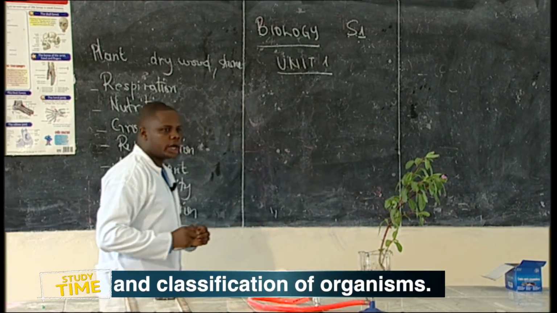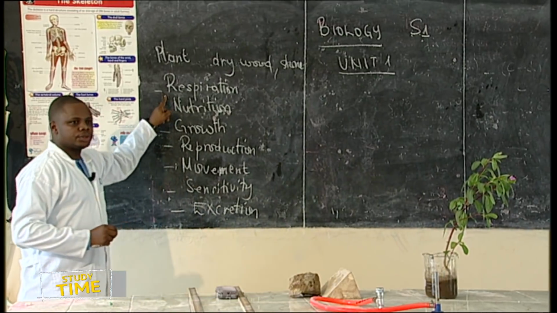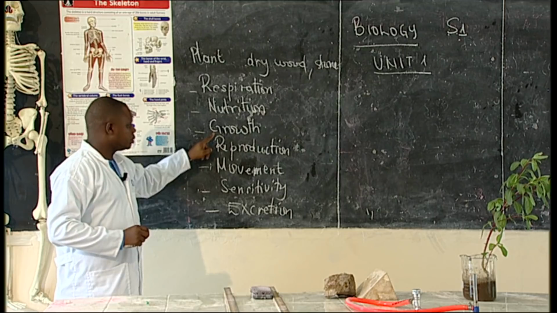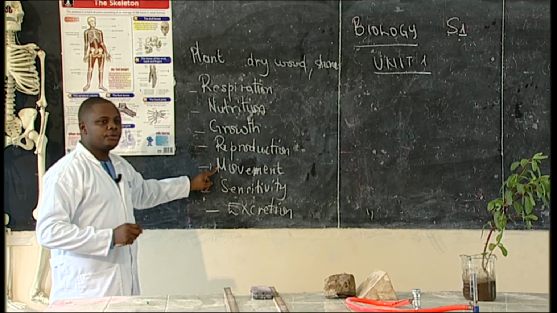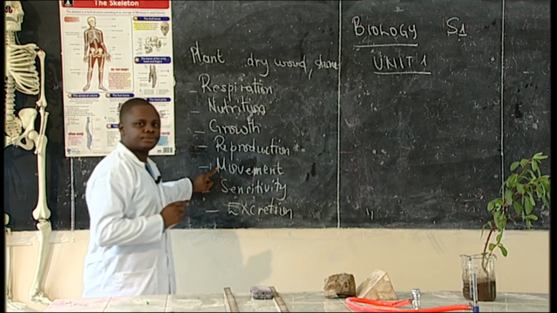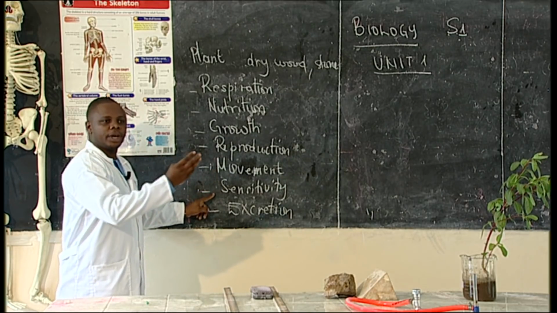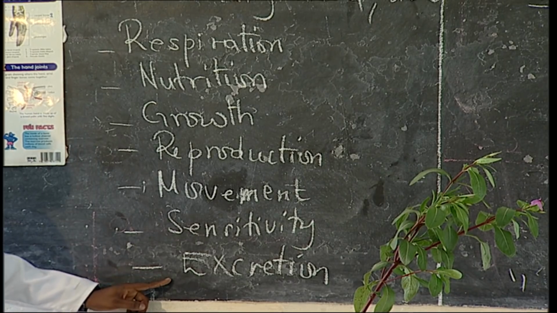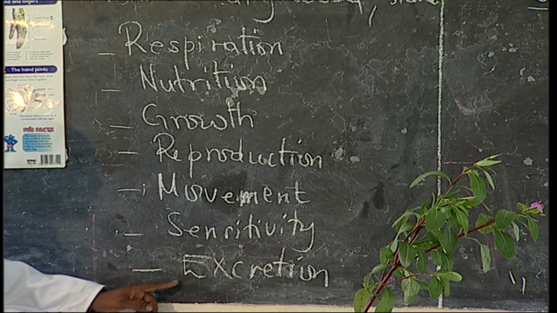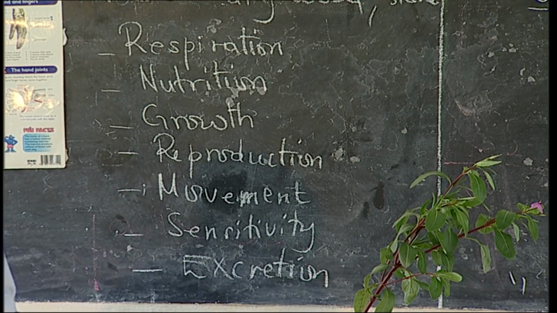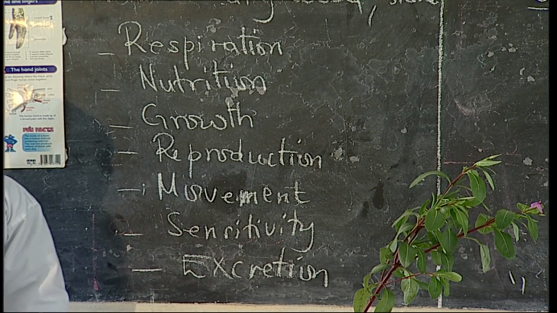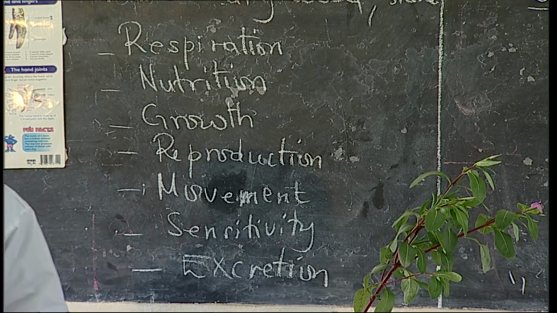So living organisms are able to respire, to feed, to grow, reproduce, move from one place to another, sense the environment, whether it is hot or cold, and excrete. When we say excretion, what does it mean? It means removing waste products from the body, like excess water.